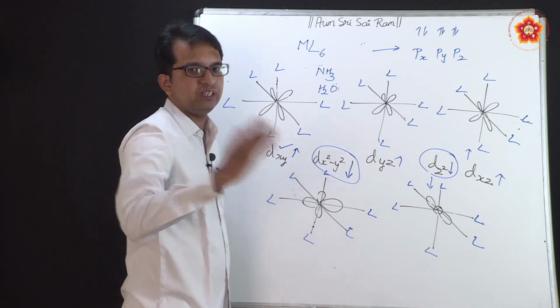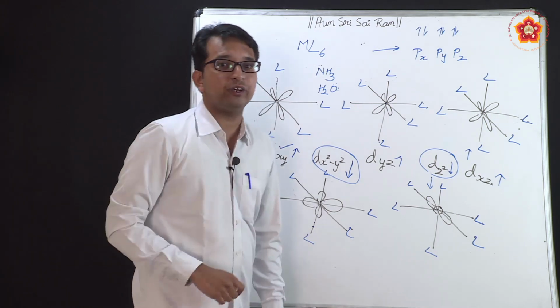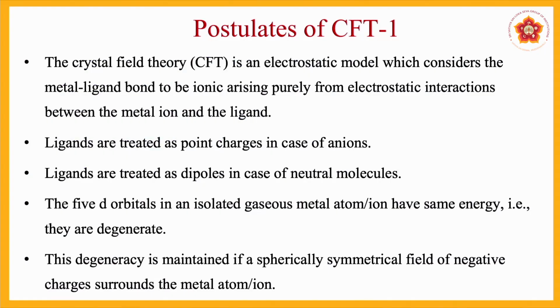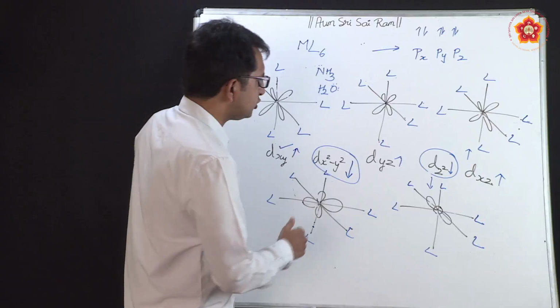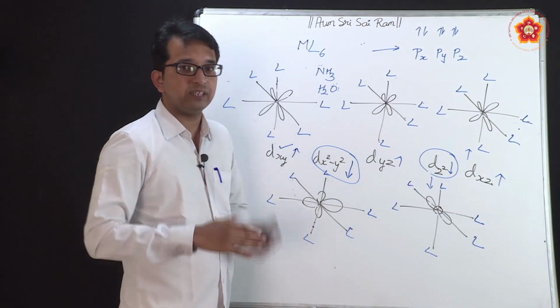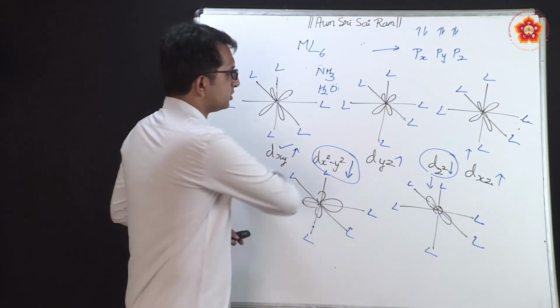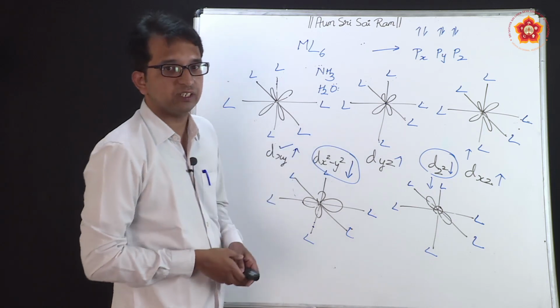That is when they try to split up. That is the next point you can see there. This degeneracy basically means having the same energy. When the 5 d orbitals were there, they were degenerate. This degeneracy is maintained if a spherically symmetrical field of negative charges surrounds the central metal ion, which means that if there are ligands which are not symmetrical as such, they can come and disturb this sort of energy distribution which is there.